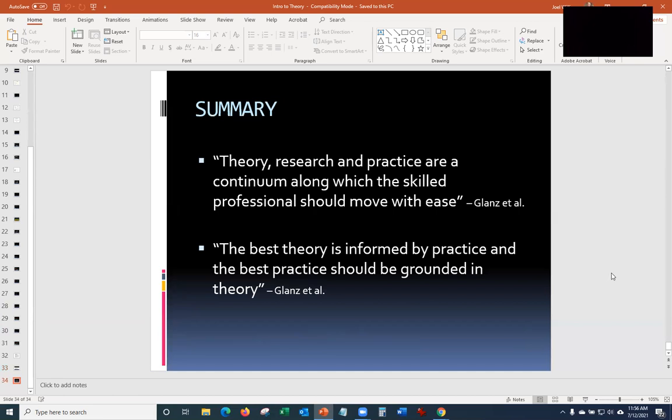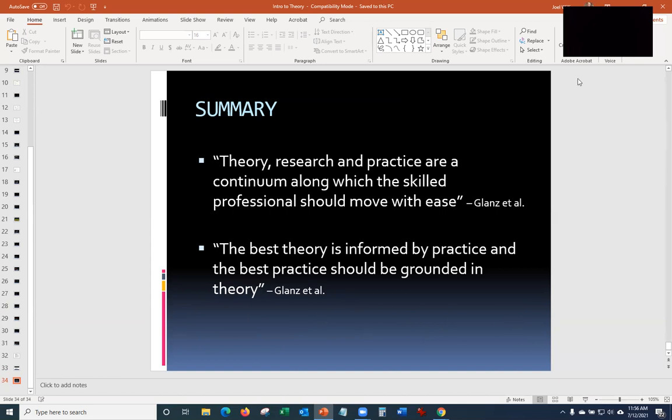So, just to wrap things up here, theory, research, and practice are a continuum along which the skilled professional should move with ease. These are quotes from one of my favorite health behavior scientists, Karen Glanz. Another quote from her: the best theory is informed by practice, and the best practice should be grounded in theory.